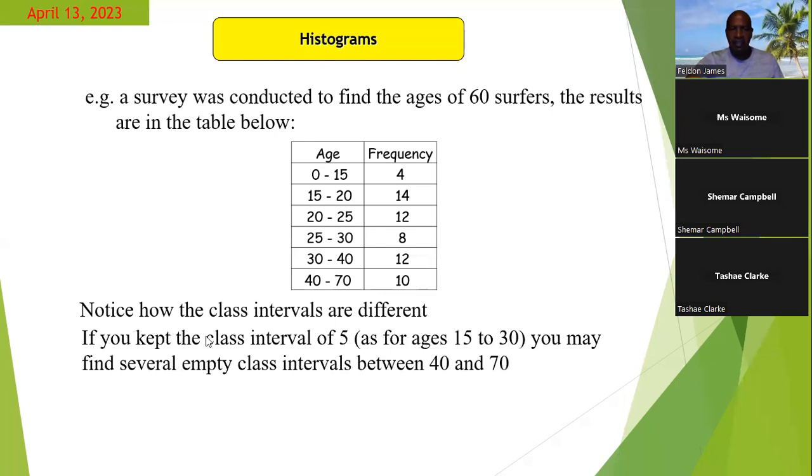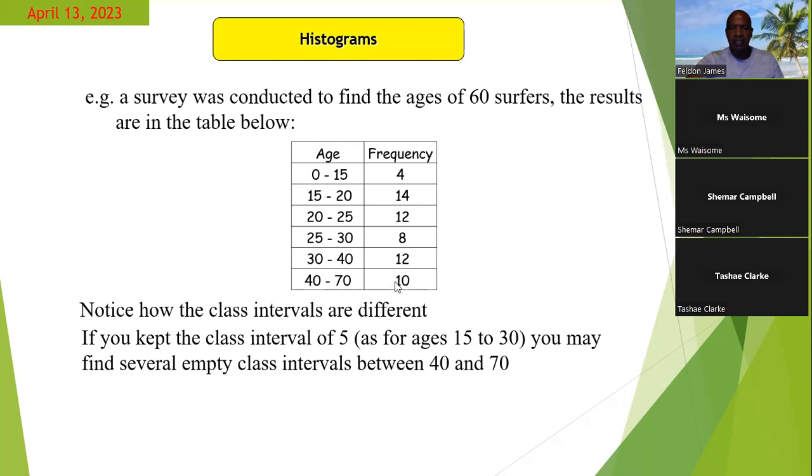Now, if you kept the class interval of 5 as with ages 15 to 30, you may find that several empty classes between 40 and 70 would occur, right? And you notice why that would happen?